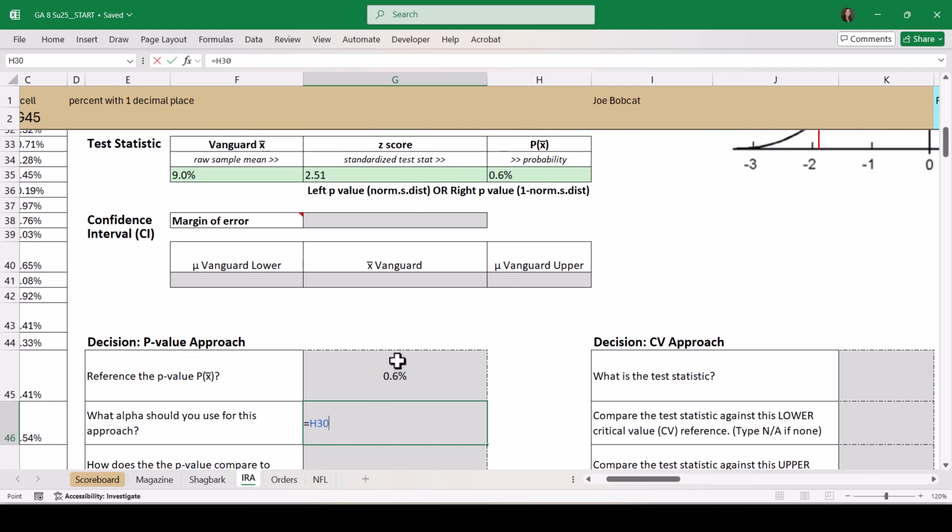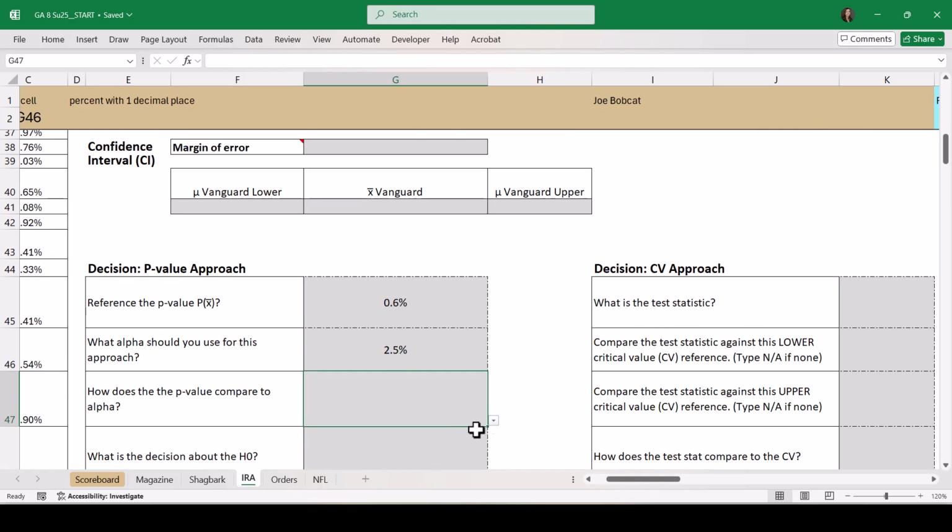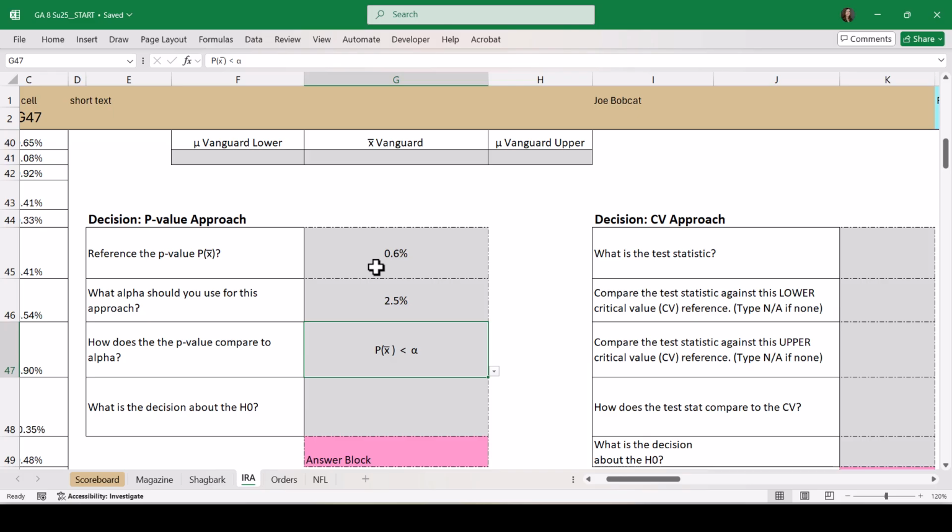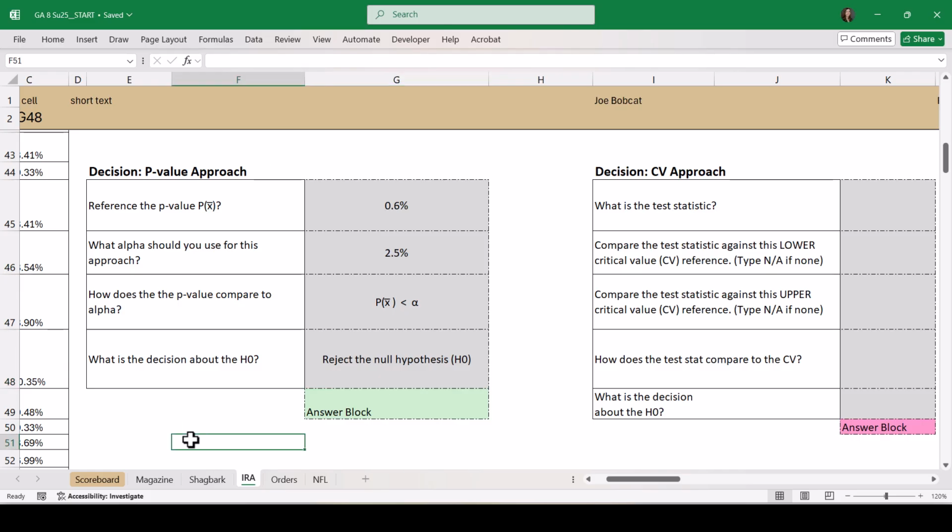So we compared our p-value to 2.5%, and it is less than alpha. Our p-value is less than alpha, so we are going to reject the null. Remember, when the p is low, the null must go. So we are going to reject the null hypothesis.